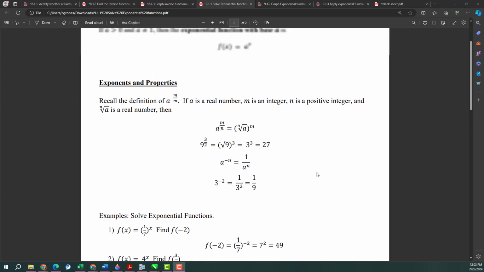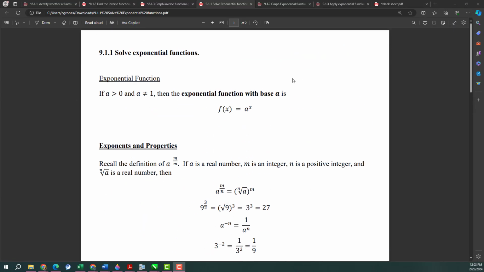Module 9, we're going to be talking about exponents and exponential functions. An exponent is whenever you have something like x squared, x cubed, x to the 4th. In this case, they represent it with a to the x, and x is going to be our exponent. It says that the base is a.